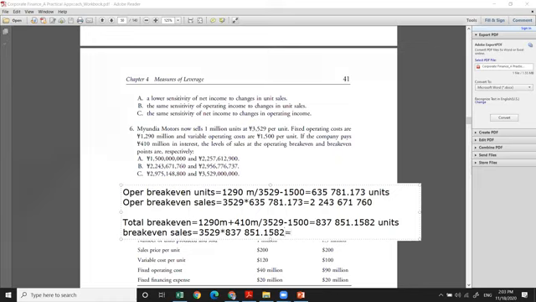That would give me 2 billion something 956. So my operating break-even sales here and break-even sales here. And now I can just say that it's B.